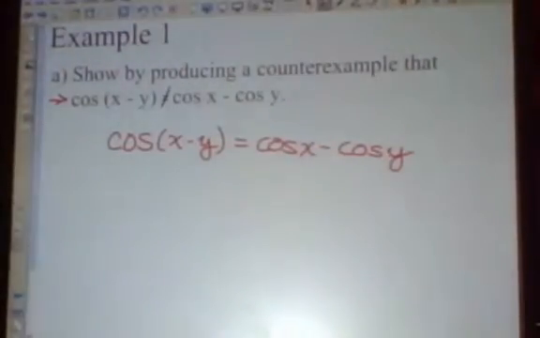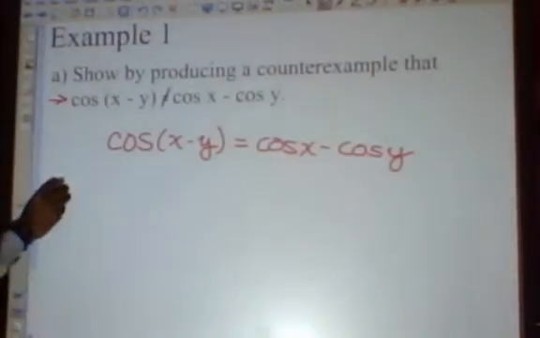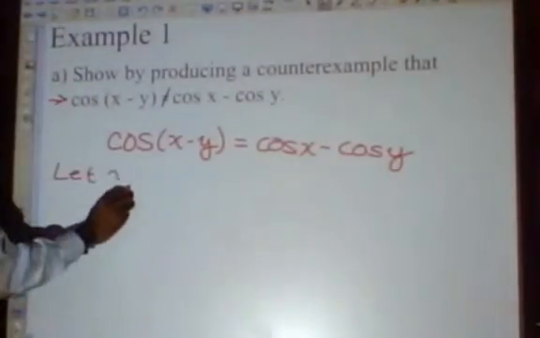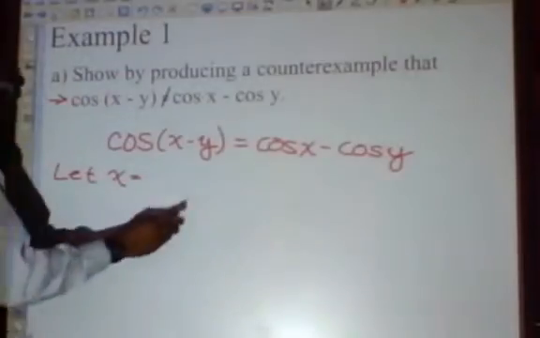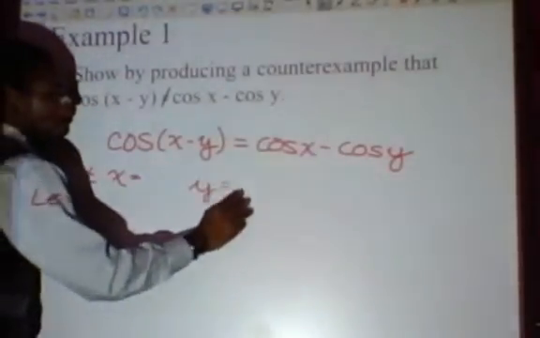So we need to go back to our table that we've talked about many times already, and we've used many times, and also that we know the values on already. We're going to go back to that table, and we're going to use some radian values. You can also use degree measurements, but we're going to use radians for this one. We're going to let x equal a value, and we're going to let y equal a value.